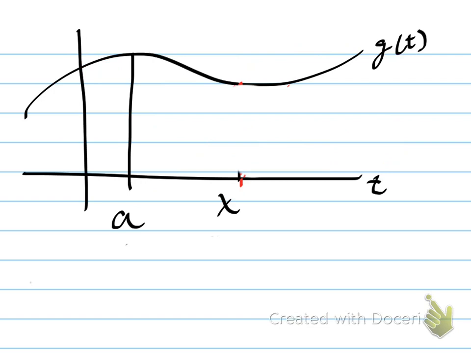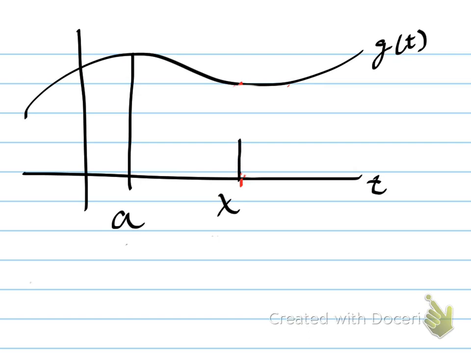So here we have a t-axis, a horizontal axis, and we have a function of those t values called g of t, just an arbitrary continuous function. X is a t value, and x can live anywhere on this t-axis, and from where I have x right now, it is a bit more than some arbitrary number a, which is a fixed point on the t-axis.